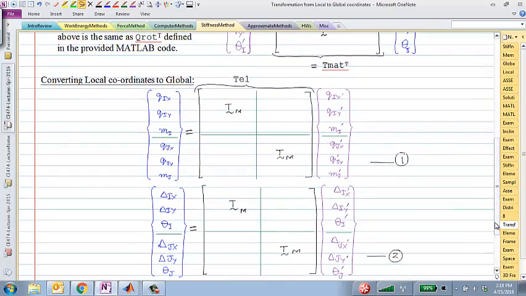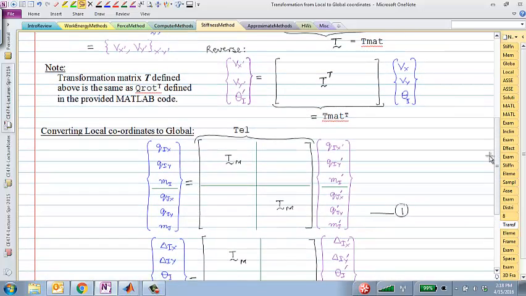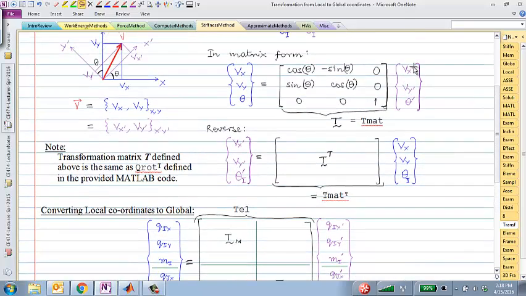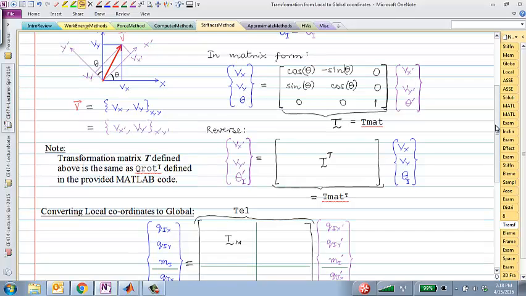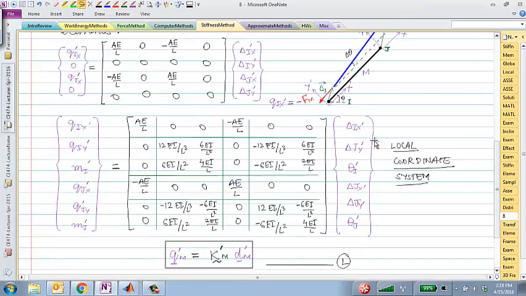That's basically the transformation that is needed to convert the 3 degrees of freedom between local and global. Now, what we really want is to convert 6 degrees of freedom. But the good thing is that these 6 degrees of freedom are separated.